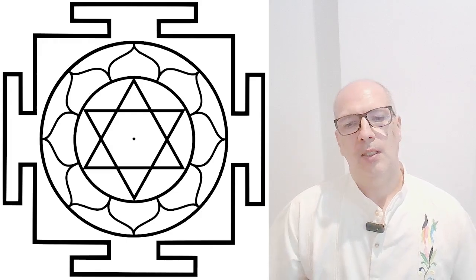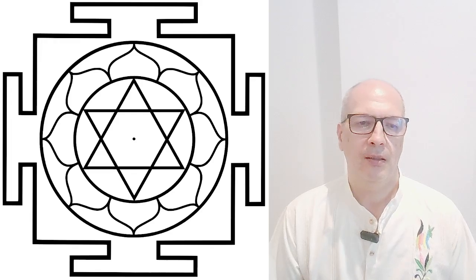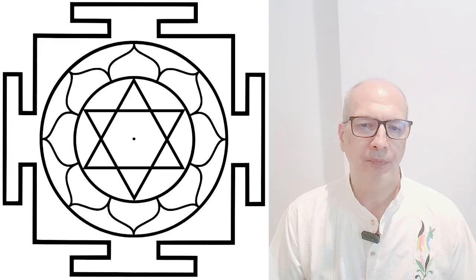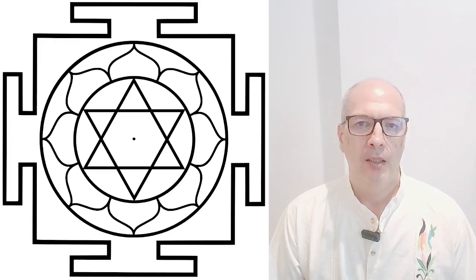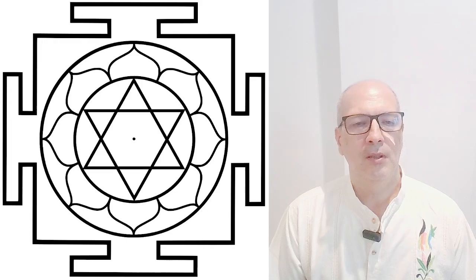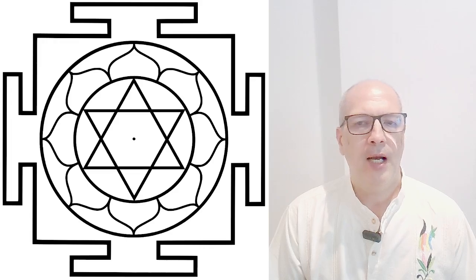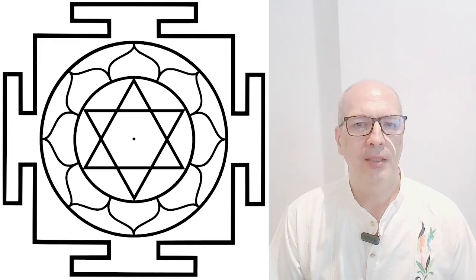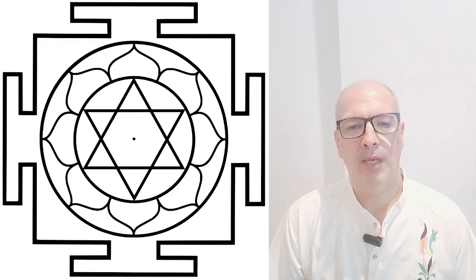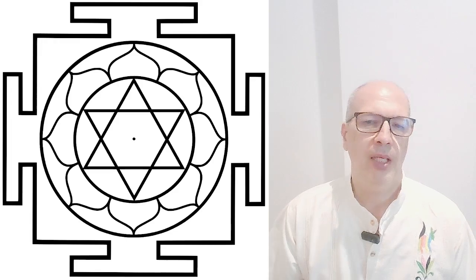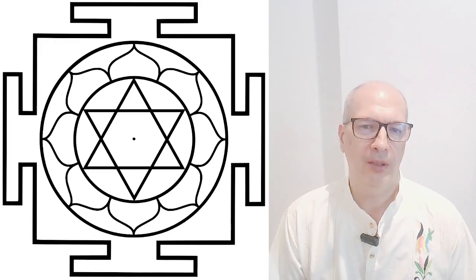So in this sacred geometry, in this sacred space, we enter through these 4 gates. Usually they are oriented by the spatial directions: east, west, north, south.